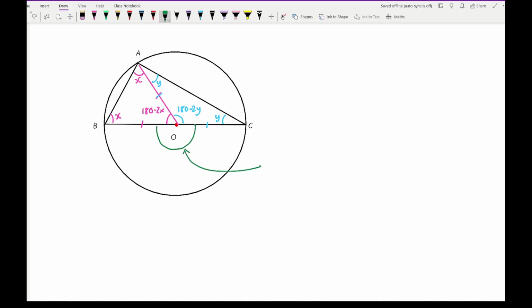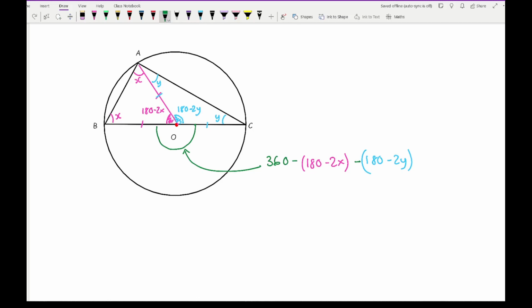again using algebra, it's going to be 360 minus, let me get that green pen back, minus this pink angle, which I just shaded in. Let's just put that in brackets, minus 2x, and then minus the blue angle, which is 180 minus 2y, put that in brackets.